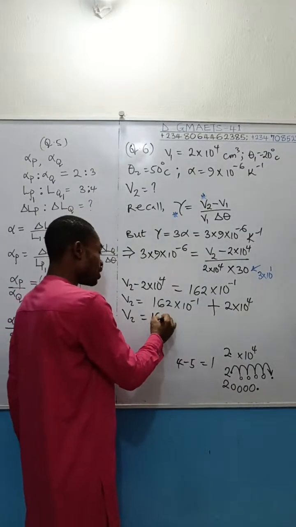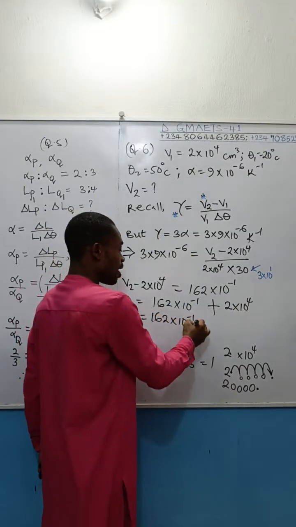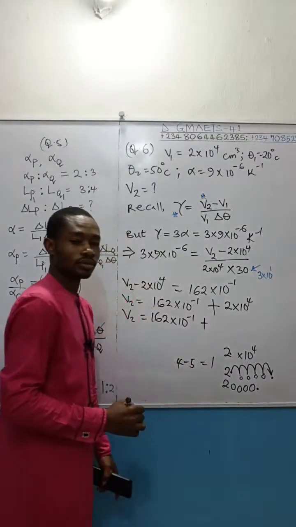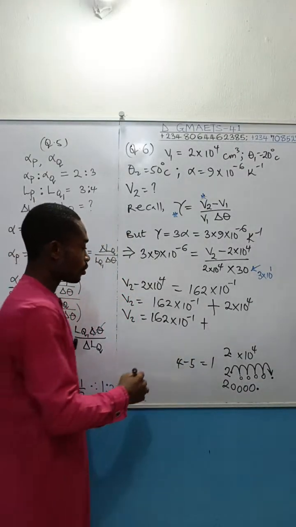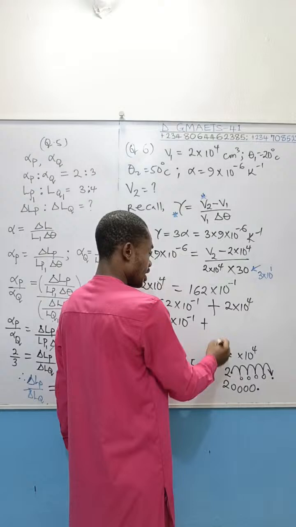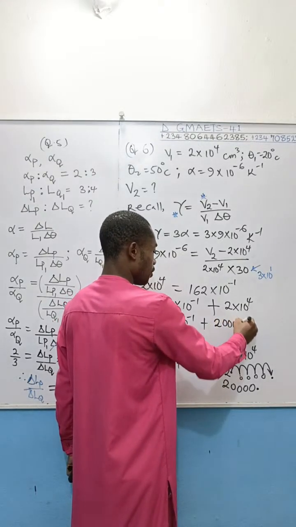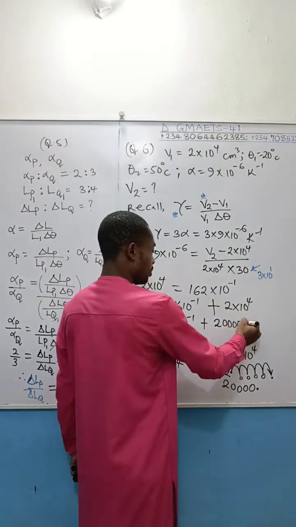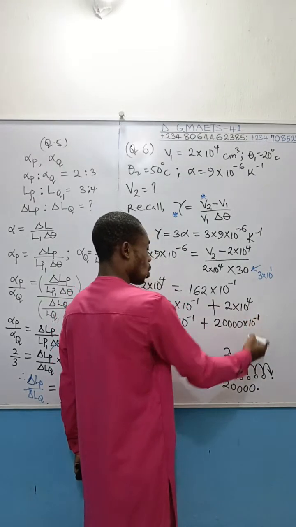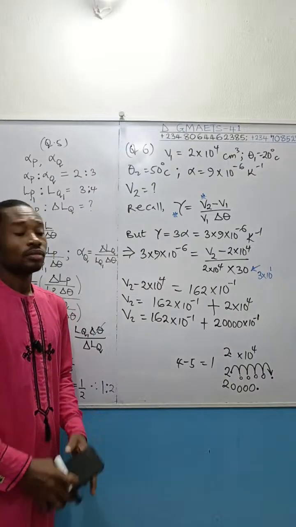So this will become 162 times 10 to the power of minus 1 plus 20,000 times 10 to the power of minus 1. You have done the conversion.